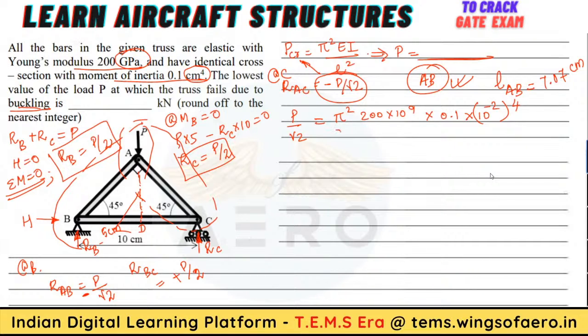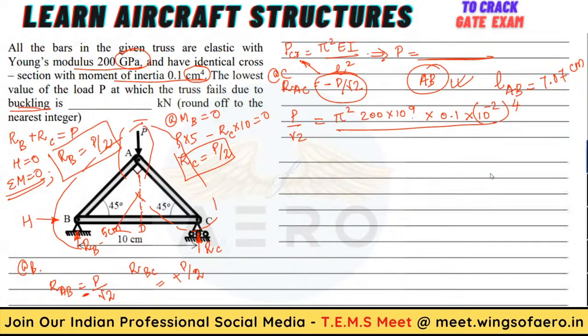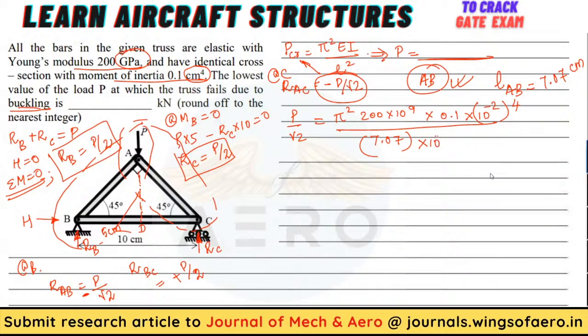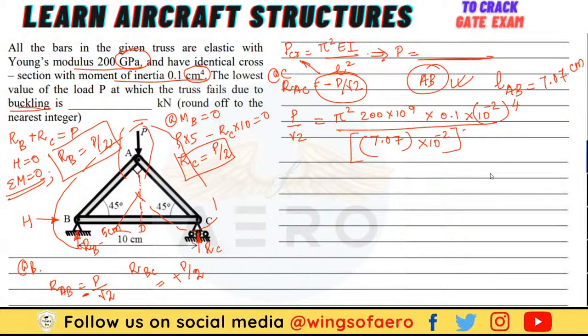By L square, 7.07 into 10 power minus 2, whole square, right? Now this root 2 will move.